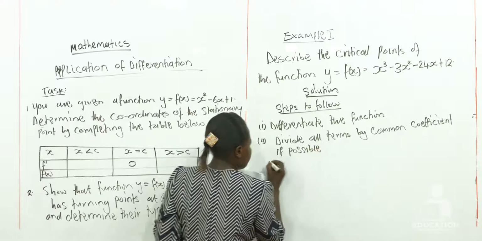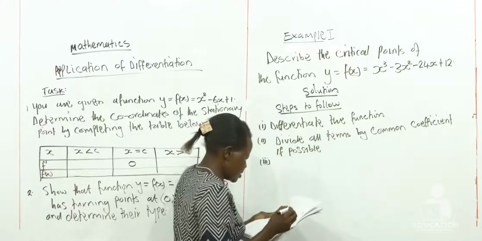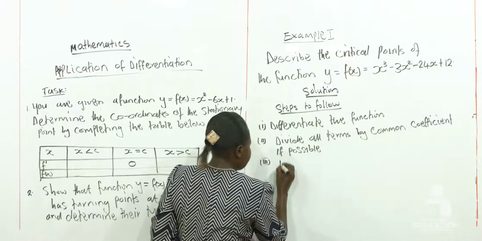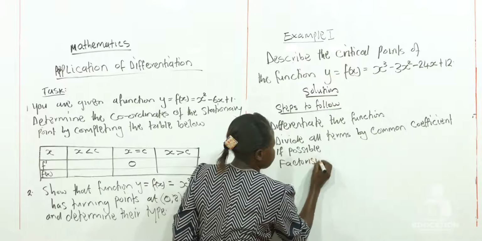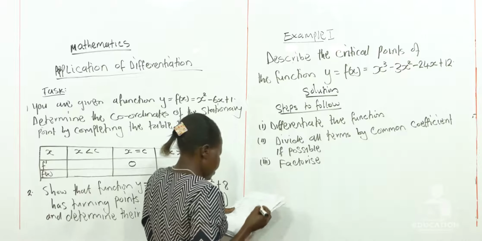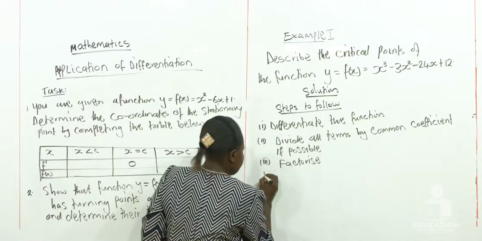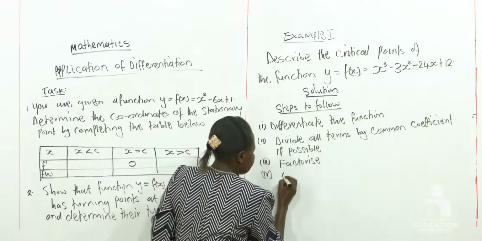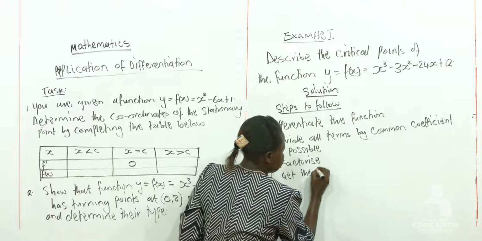And then Roman 3, you factorize, and then Roman 4, get the solution of x.